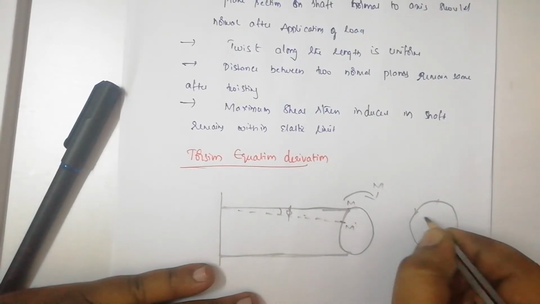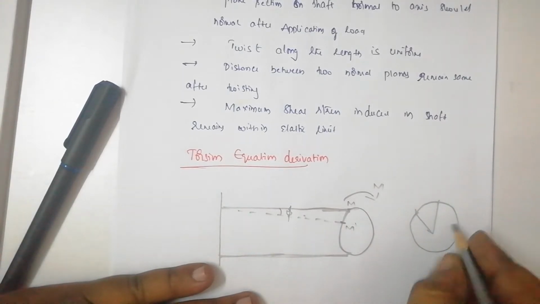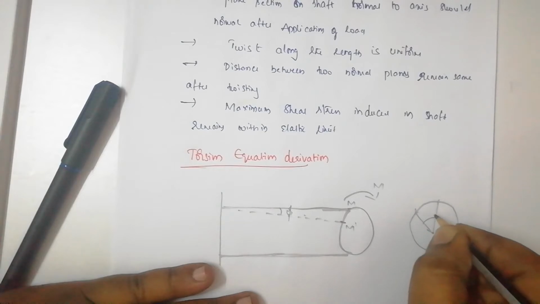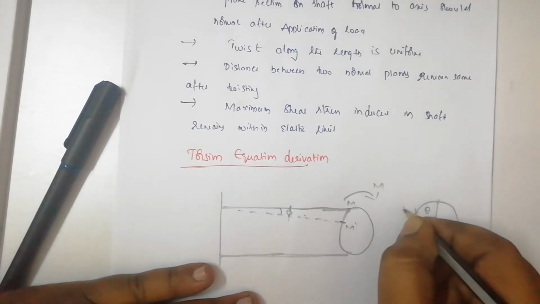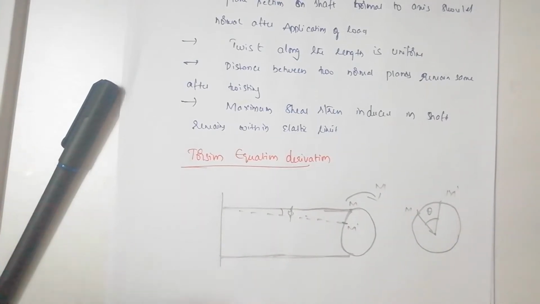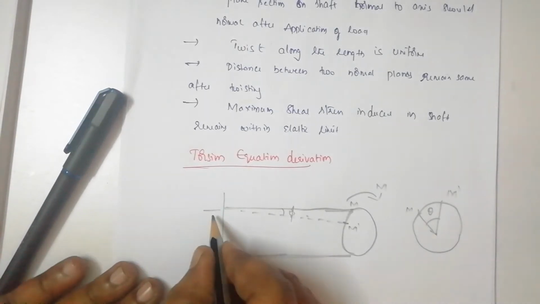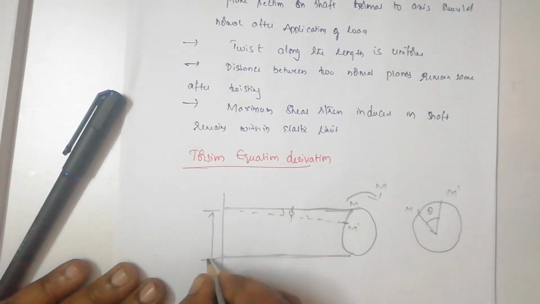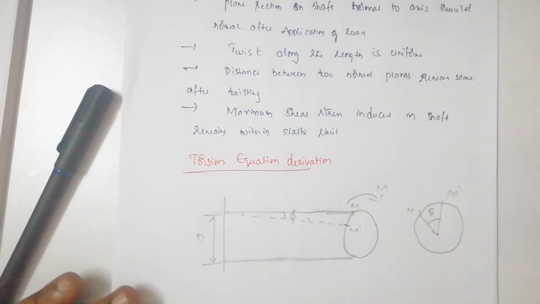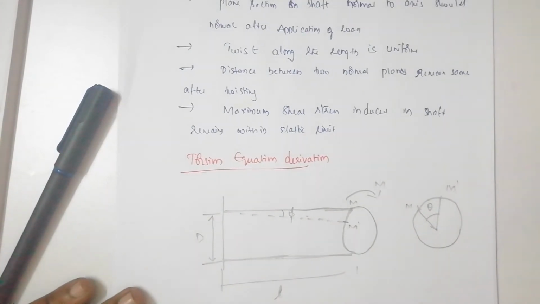If it has been distorted, when you join both sides to the center, you get an angle theta. This is the original M and this is M dash. In this way the material gets deformed and stress is obtained. This is the diameter of the rod, and the length of the shaft is considered as L.